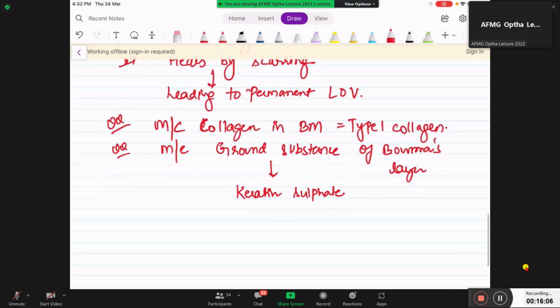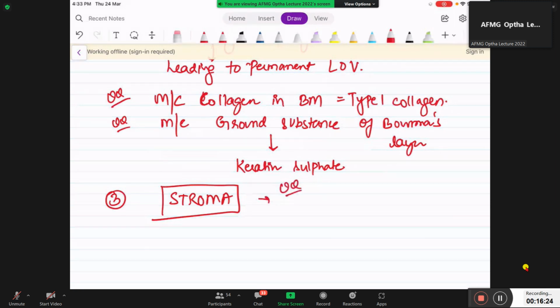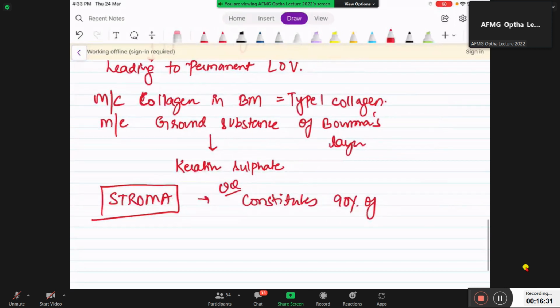Now going back to the mnemonic again, the third layer is ABC. C stands for corneal stroma. So the third layer is called the stroma. An important point is that this constitutes 90% of your corneal thickness.